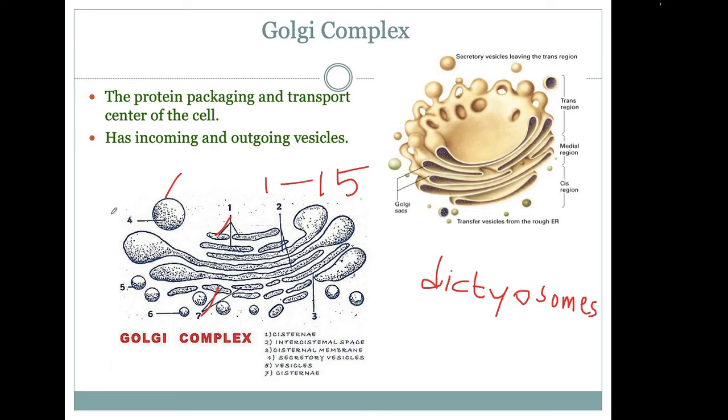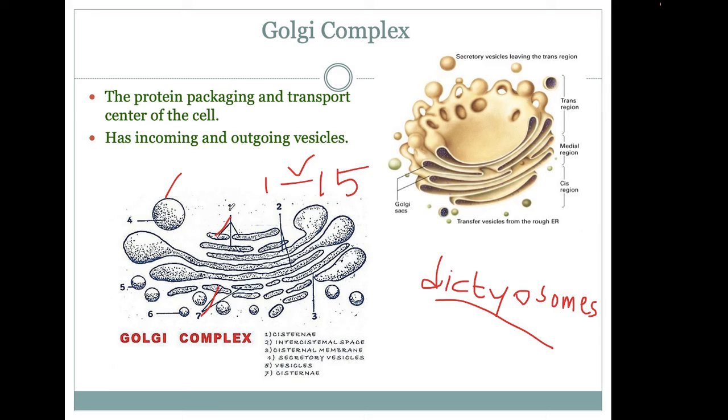In plant cells, about 1 to 15 Golgi units are found, and these are known as dictyosomes. Each dictyosome is comprised of 3 to 7 flattened sacs called cisternae.